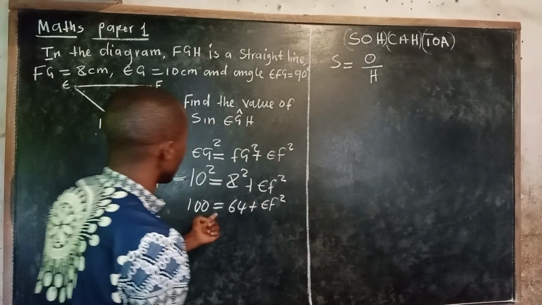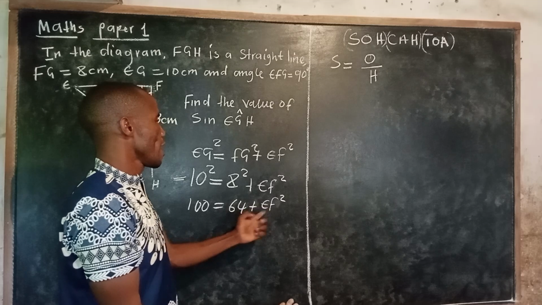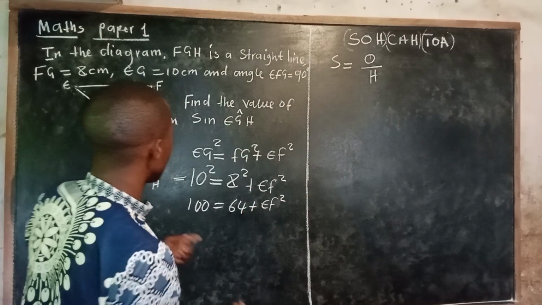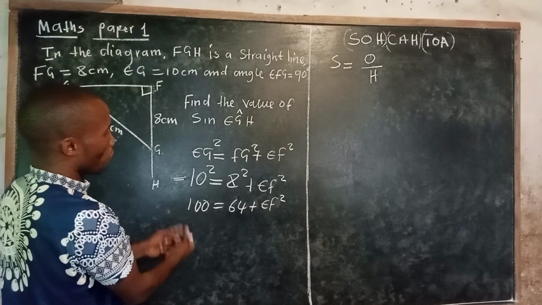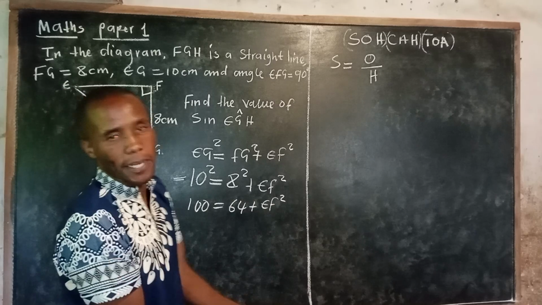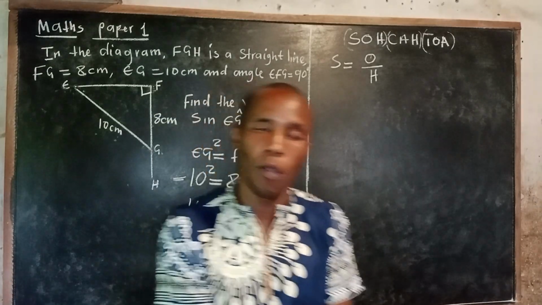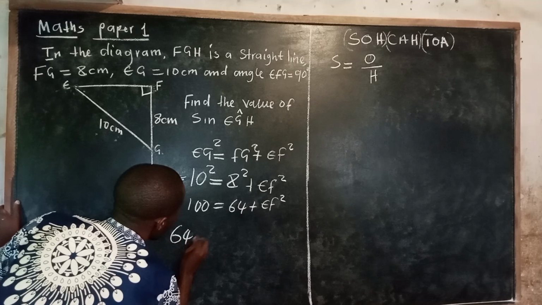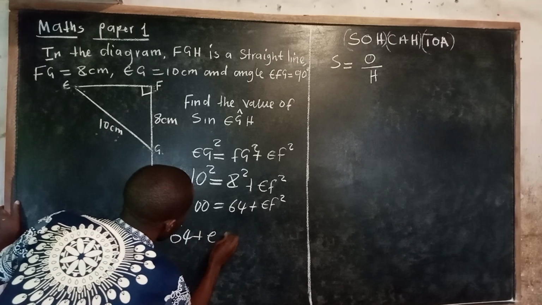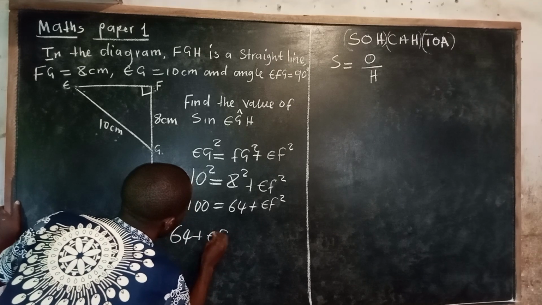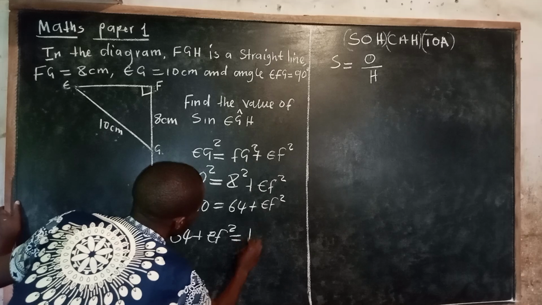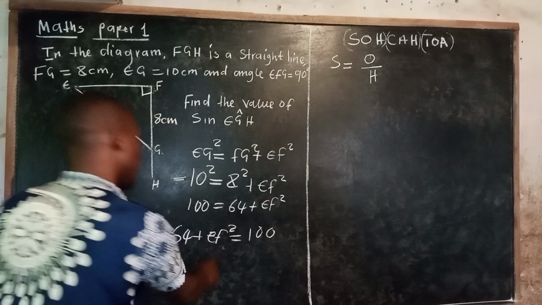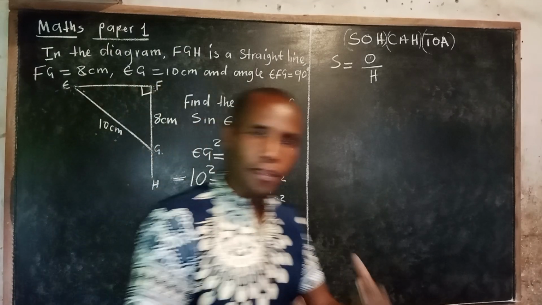When you say 100 is equal to 64 plus EF squared, it is the same as saying 64 plus EF squared is equal to 100. That is just one and the same.